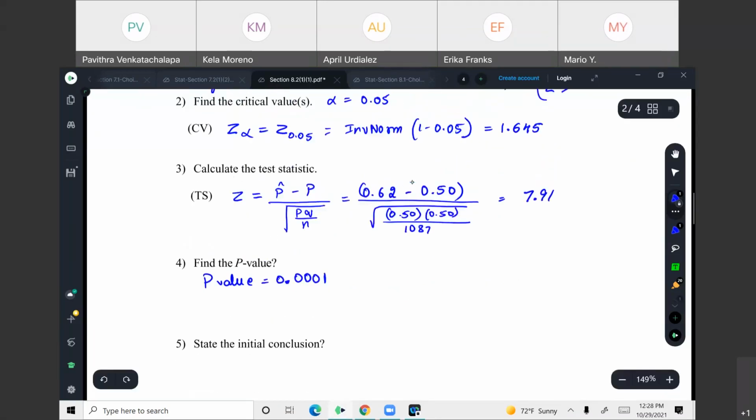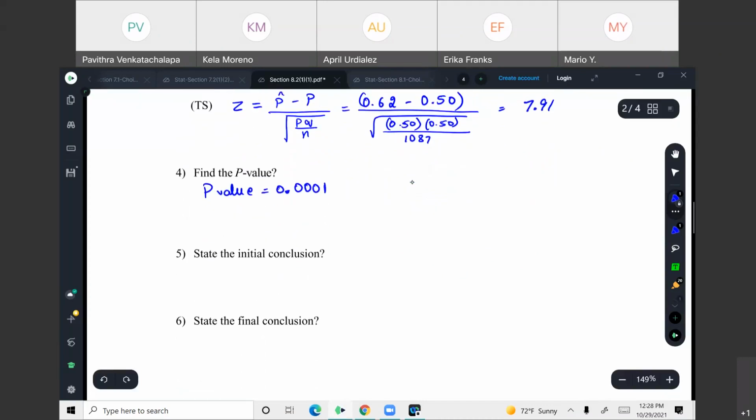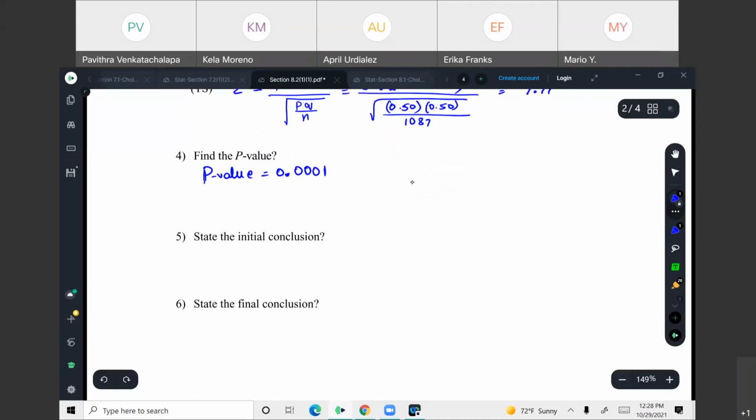And I'll tell you how to do this in the next class. I'll bring my calculator. I don't have a calculator on my personal computer either.